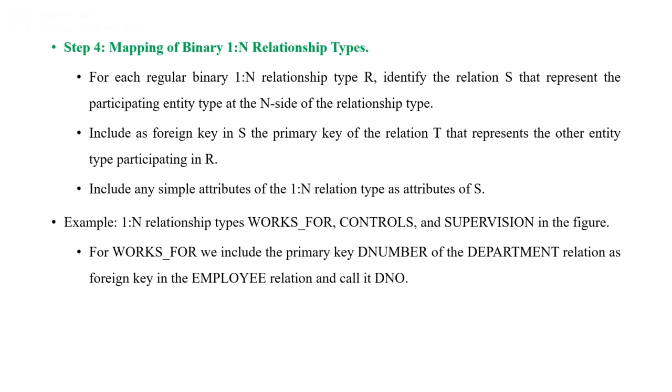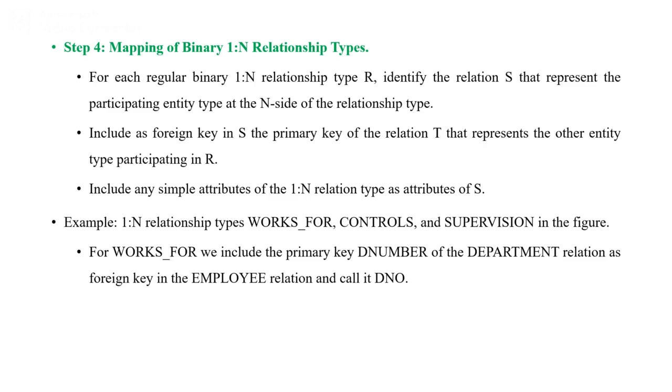From the company database example, you can see works for, controls and supervision in the figure. These three are relationship types where entity types participate. For example, when we consider works for, we include the primary key, that is department number, from the department relation as the foreign key in the employee table, where the employee table includes D number.